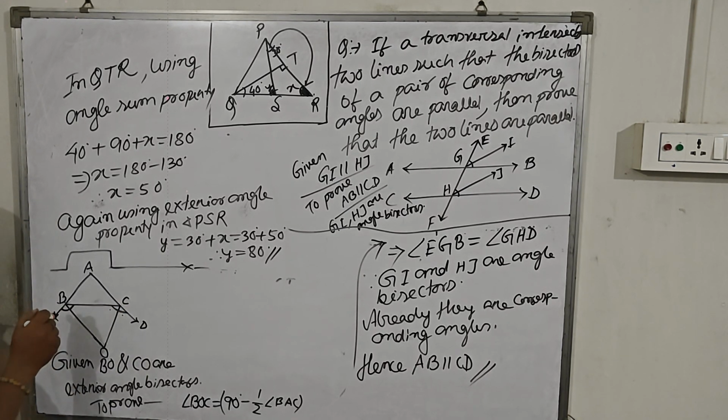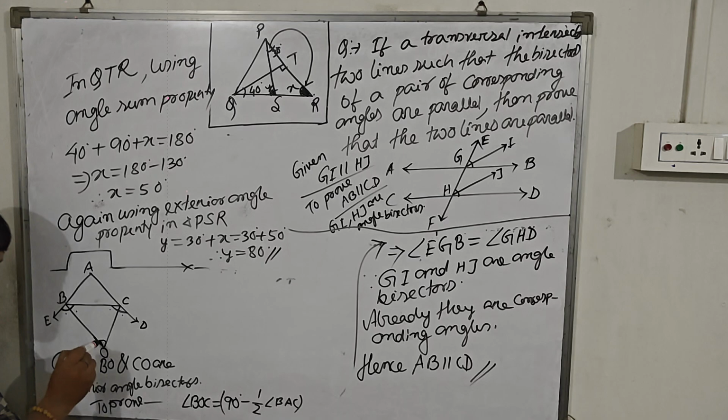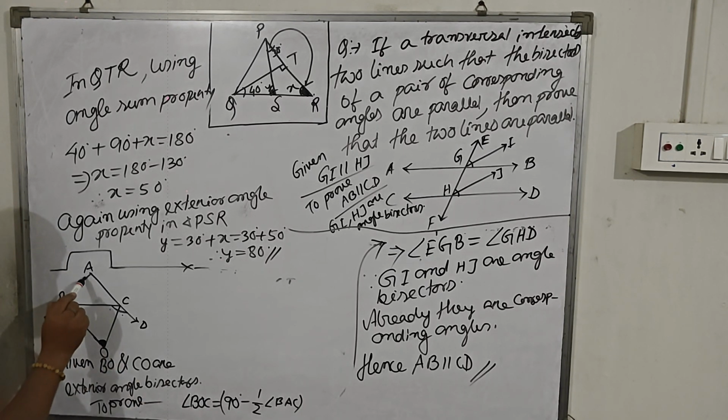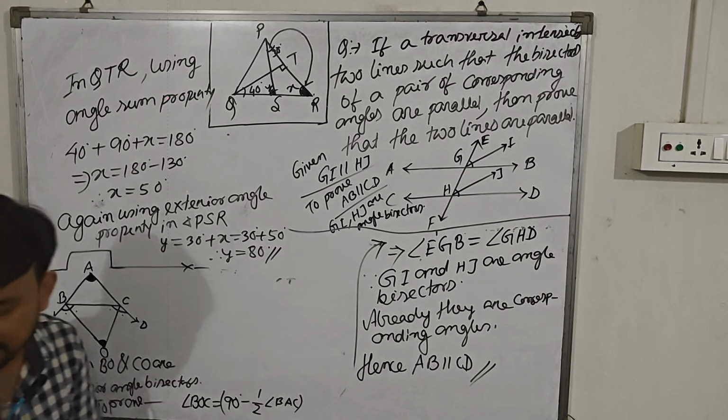Suppose this angle is 140, then 70, 70. Basically these two lines are exterior angle bisectors. If I draw both bisectors, definitely they will meet at a certain point, that is O. From here you have to prove that this angle BOC value will be 90 degree minus half of this angle.